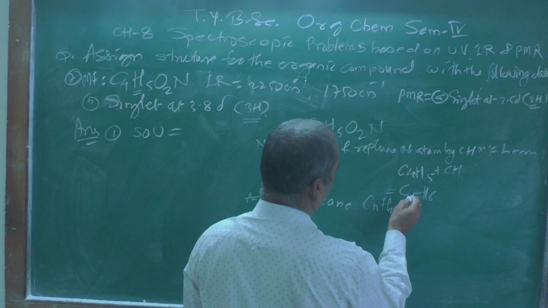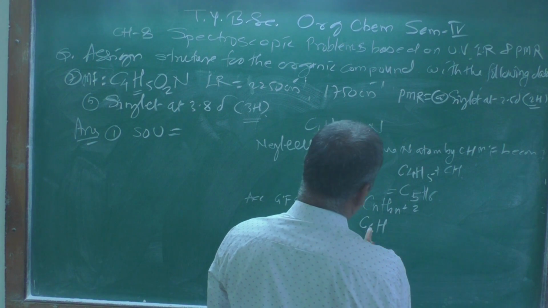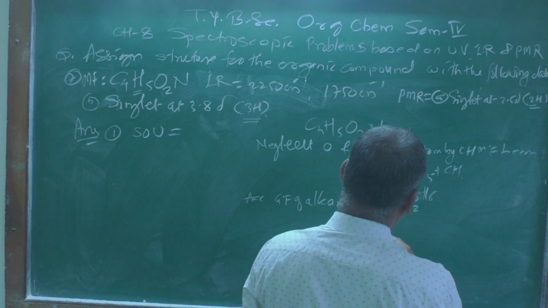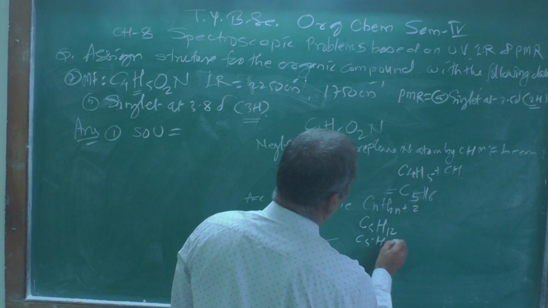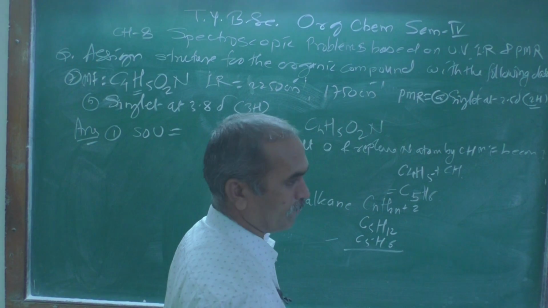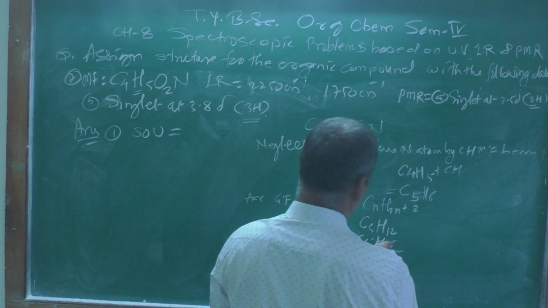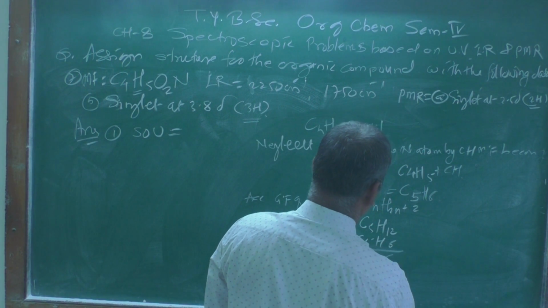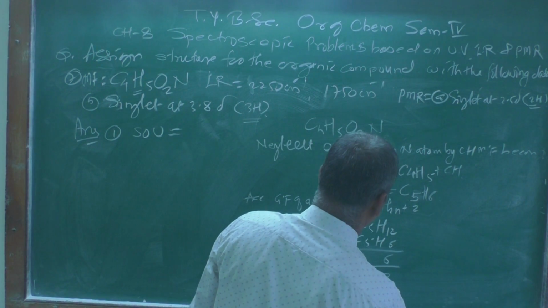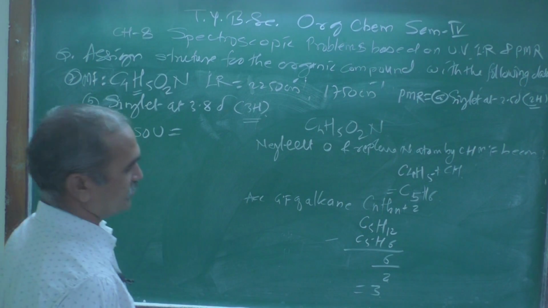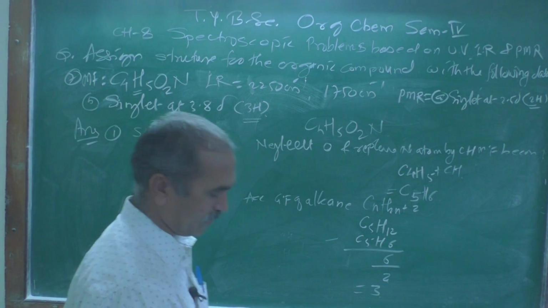So C5H, 5 into 2 is 10, plus 2, is 12. Now subtract C5H6: C5 cancels, and H12 minus H6 leaves 6. 6 divided by 2 is 3, and therefore the sites of unsaturation must be 3.